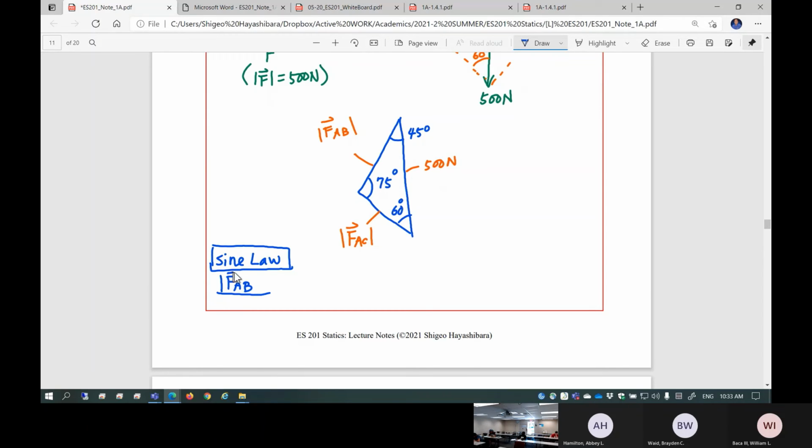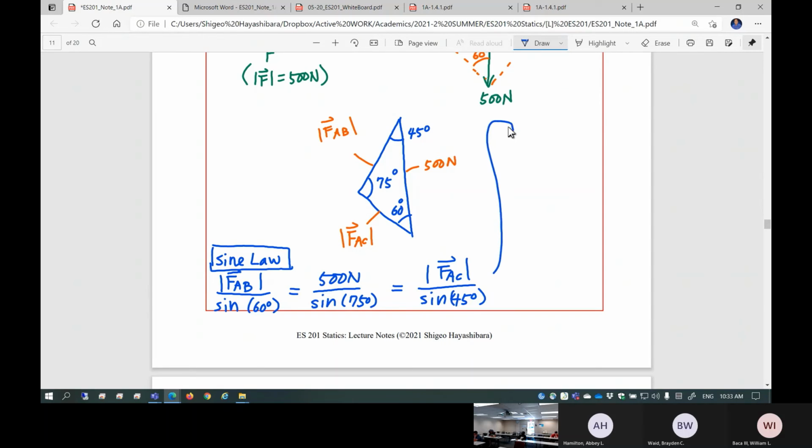FAB magnitude, opposed angle is 60, so sine of 60 degrees must be equal to 500 Newton opposed against 75 degrees, sine of 75, which is equal to magnitude of FAC opposed against angle of 45, sine of 45. Okay. So this actually squeezes out two equations, right?